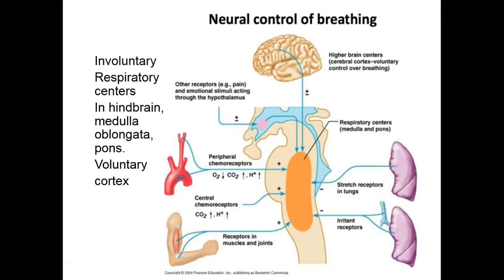Things that cause a positive effect would be an increase of CO2 and an increase of hydrogen ions, particularly in the periphery, where the peripheral receptors are. You might have an increase in an irritant, like with coughing, or a muscle need. These would all send information to the brainstem and shift the rate with which you are taking a breath in.